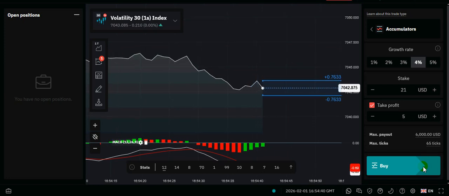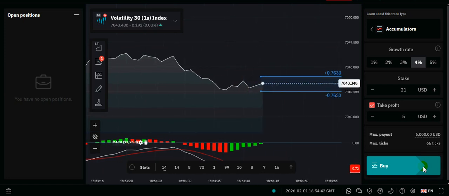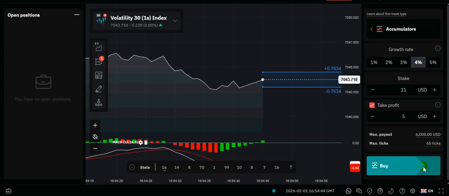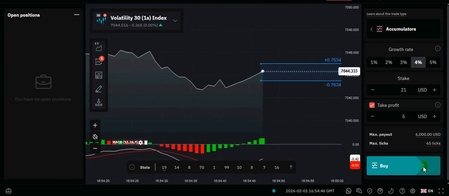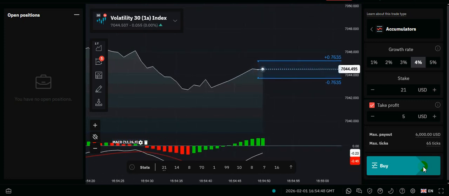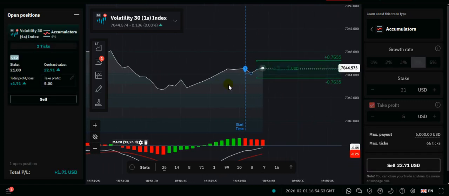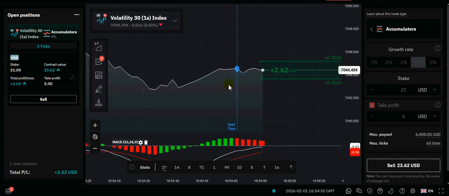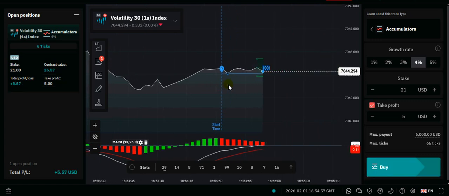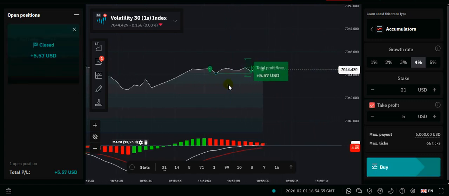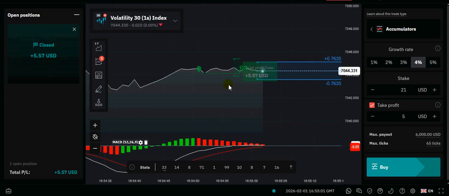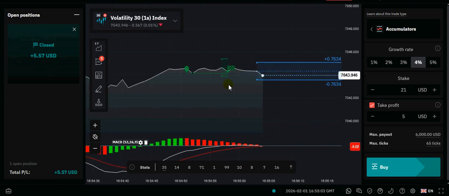So it could be 20, 21, 22, 23, 24, 25, but not exceeding 26. That's 20. 21. Let's go right there. So you can see we won that trade, and that's going to be our last trade for this section because we're going to drop another strategy, and it's still going to be accumulator.